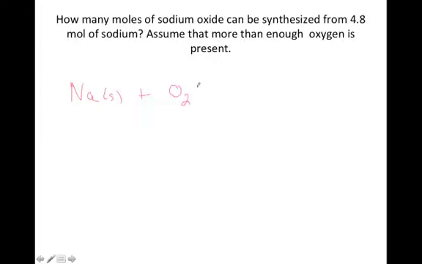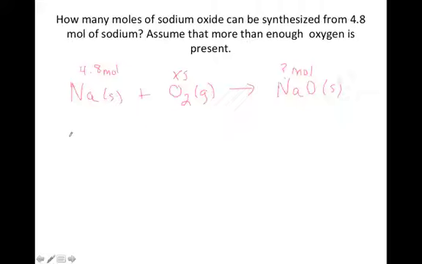So we're going to have sodium, solid, reacting with oxygen gas. This is going to be a synthesis reaction that makes sodium oxide, solid. If we have 4.8 moles of sodium, we are looking for how many moles of sodium oxide can be produced if we have excess oxygen.